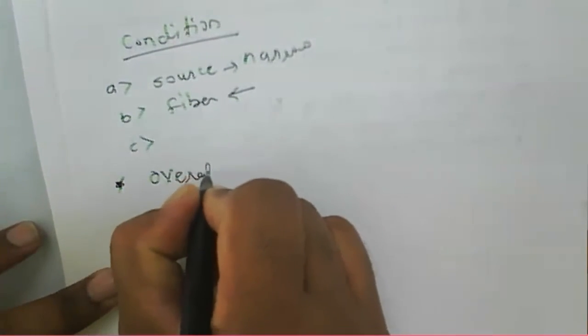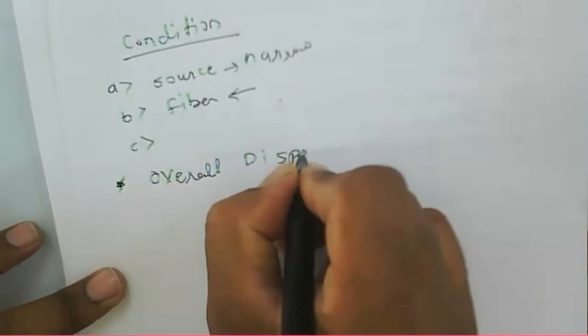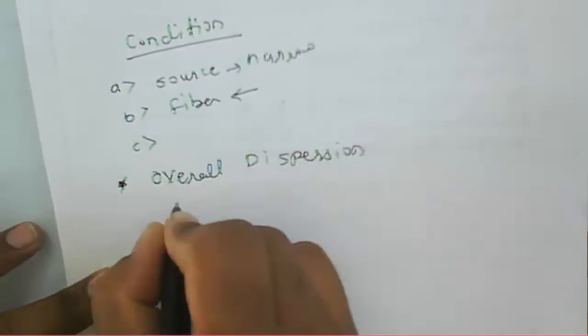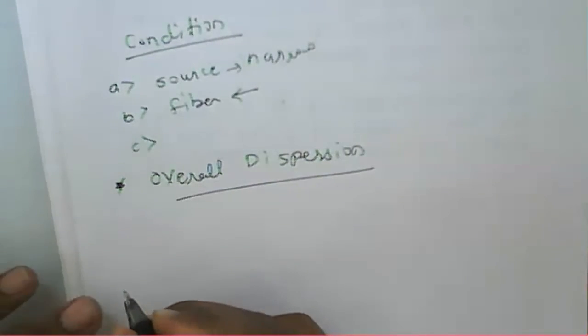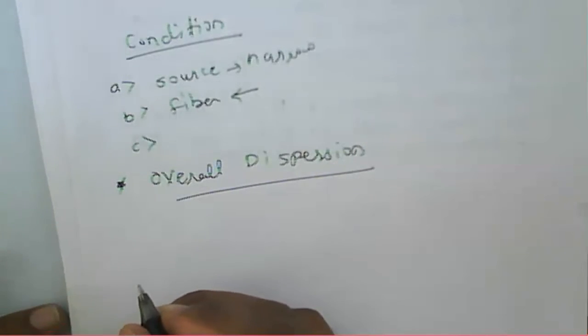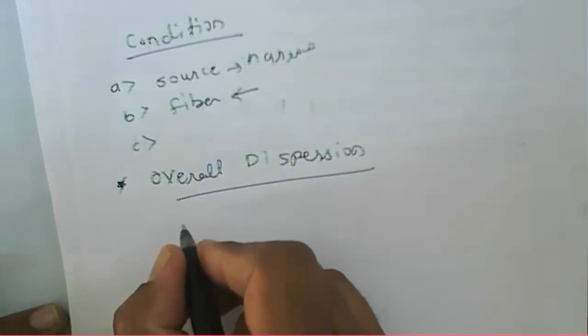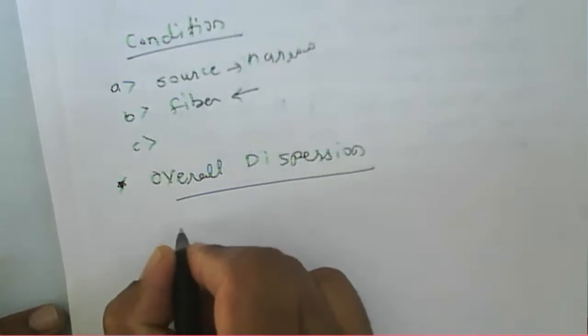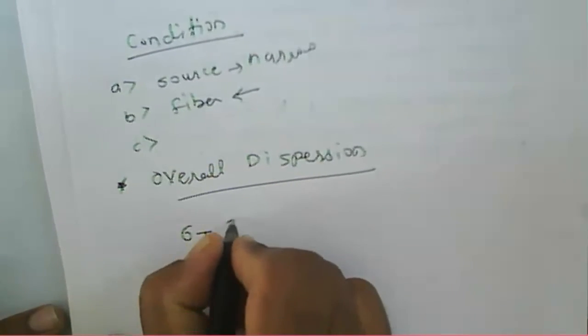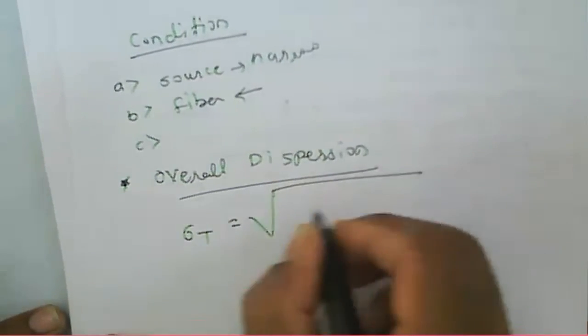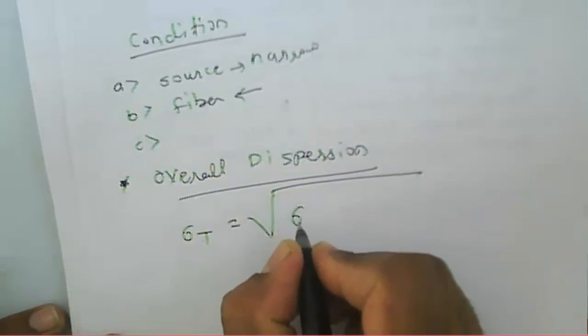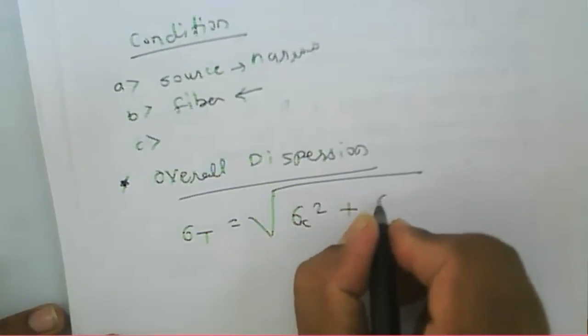Next is overall dispersion. For the overall dispersion of a multimode fiber, the pulse broadening is sigma t equal to the square root of sigma c square plus sigma n square.